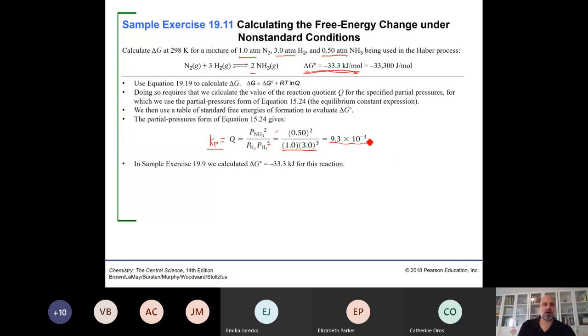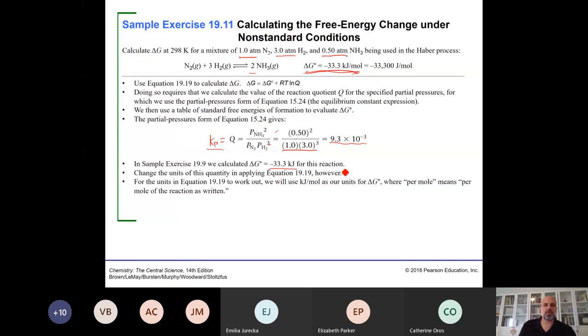We had already calculated that delta G is equal to minus 33.3 in problem 19.9. You can go back a couple slides and look at that. And then we're going to put this into equation 19.9, which is the equation right up here.